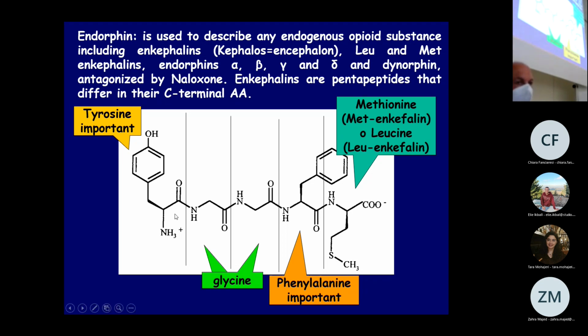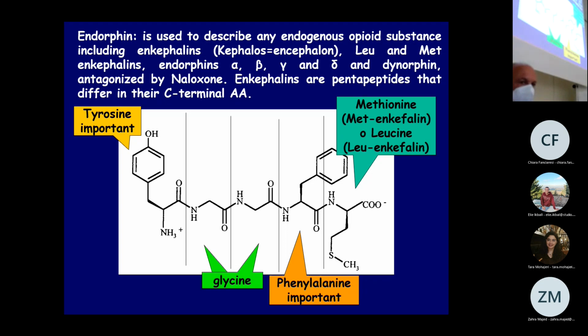The first amino acid is tyrosine. Very important. Then we have 2 very simple amino acidic molecules, 2 molecules of glycine. You know, glycine is the most simple amino acid. No asymmetric carbon atom.